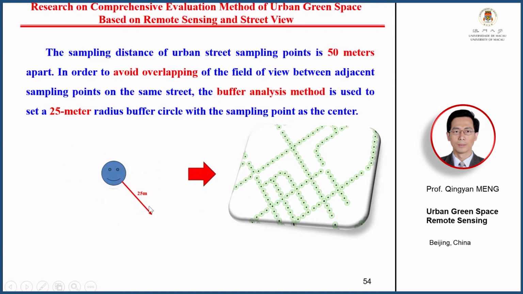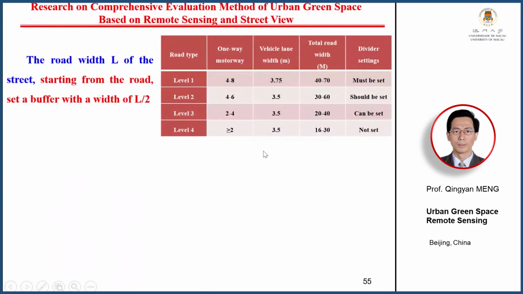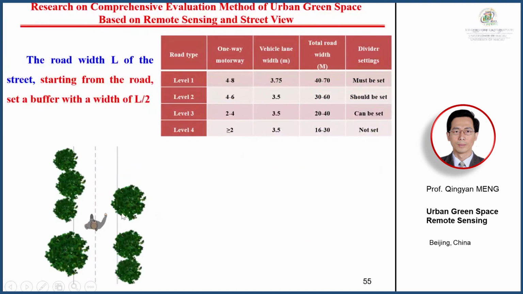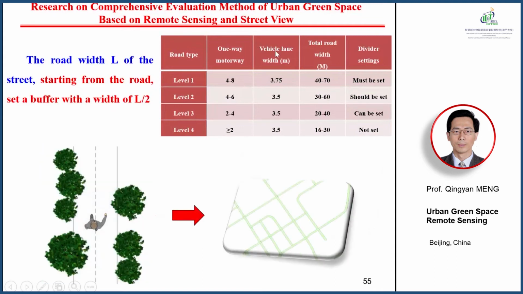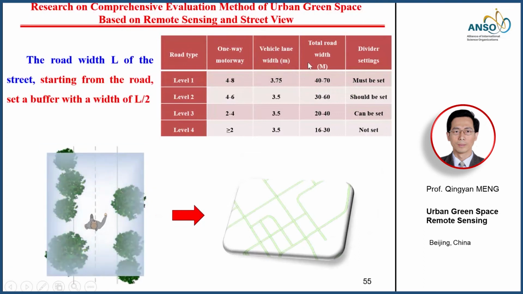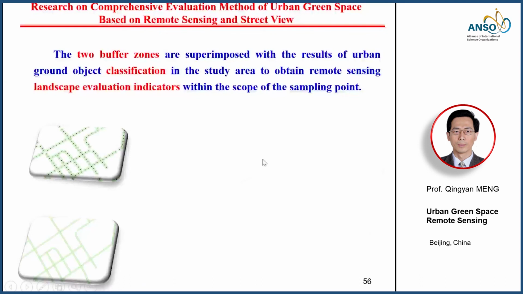This is the radius of the buffer circle. And then the road starting from the road, with the vehicle lane width and the total road width, the divider.